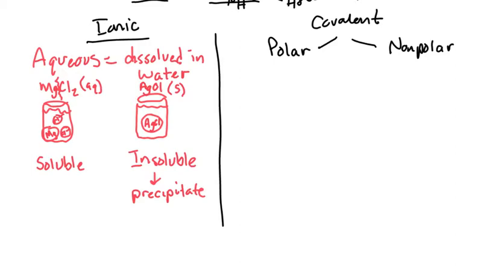Let's look at covalent compounds in terms of solutions. We have this saying in chemistry: like dissolves like. What that means is that polar dissolves polar.